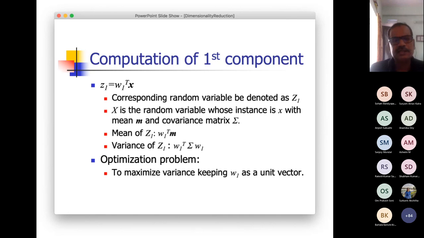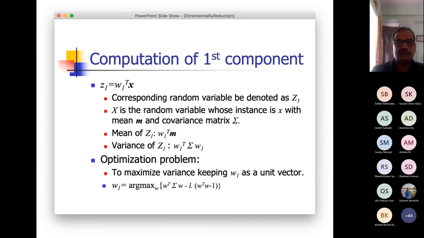So we want to maximize the variance, keeping W1 as a unit vector. This is the optimization problem. W1 should definitely be a unit vector, as we mentioned, but that's a constraint you have to consider, right? So we need to maximize W transpose sigma W, which is the variance.